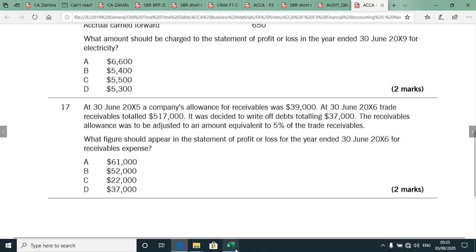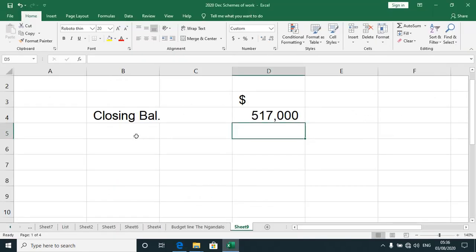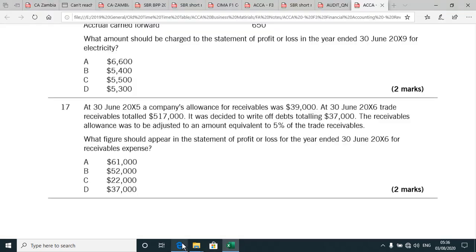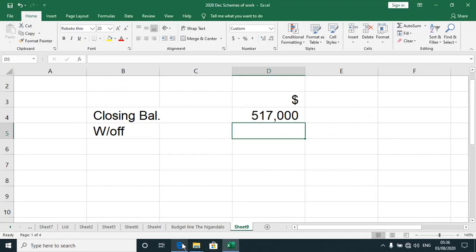So what do we have? Let's do some bit of work here so that we can make progress. All right. The written off amount should be removed from there, which I have as 37.